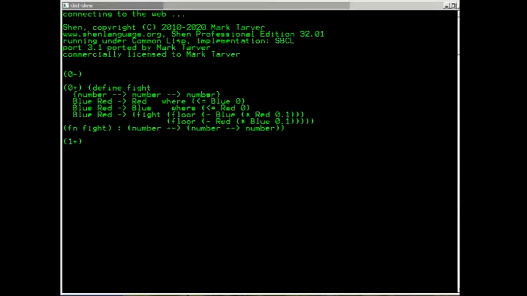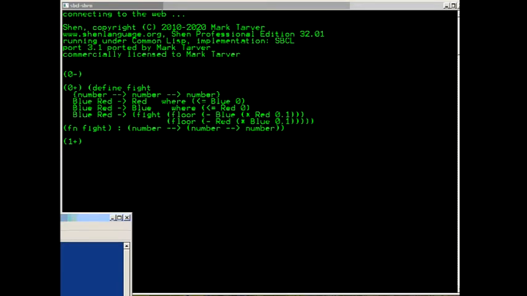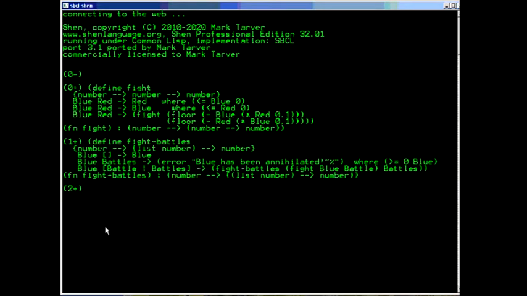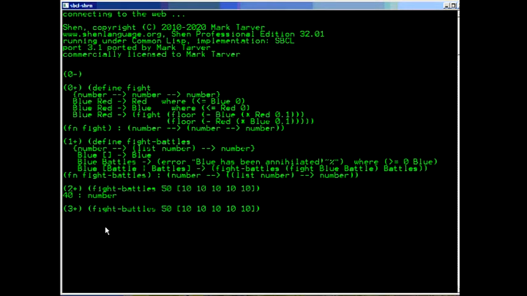Let's try it out. That's interesting. Our smaller blue army has defeated a series of armies which are cumulatively larger than blue.